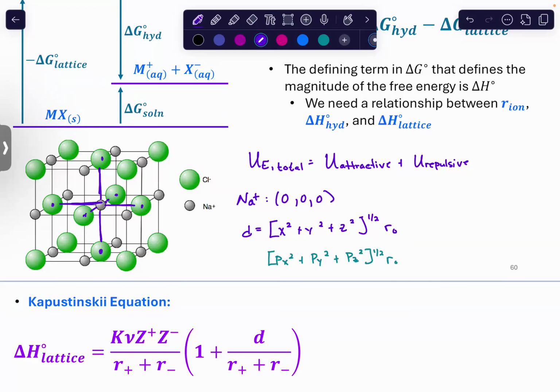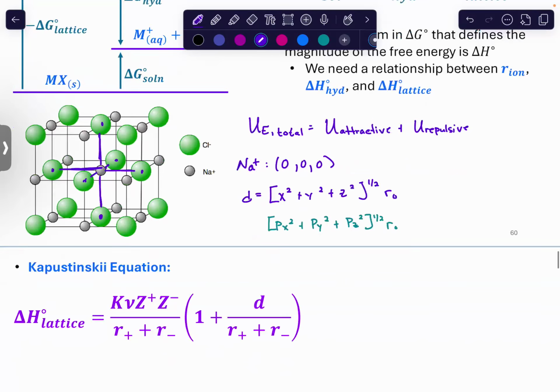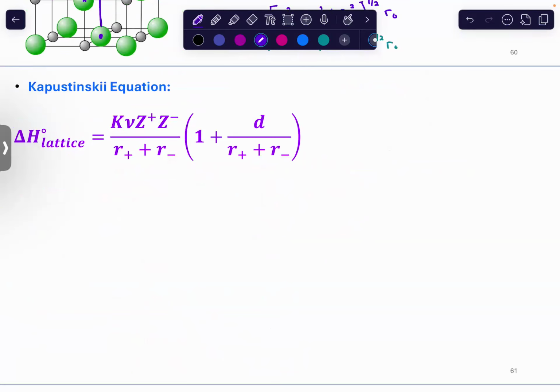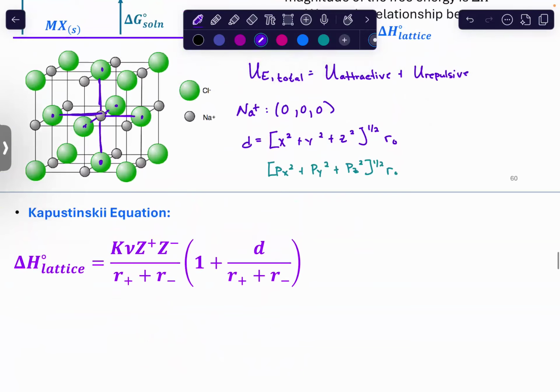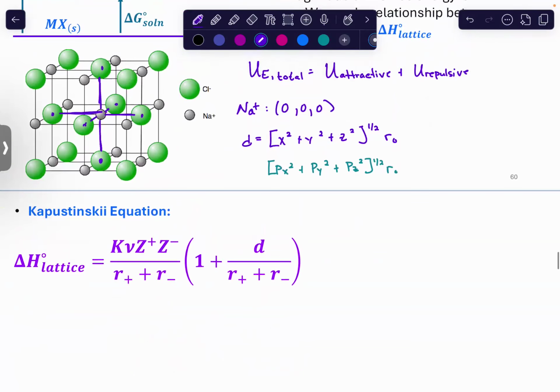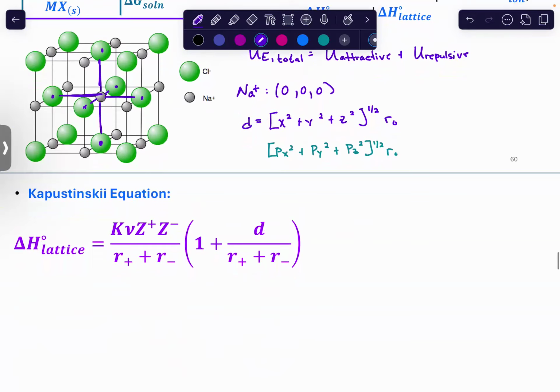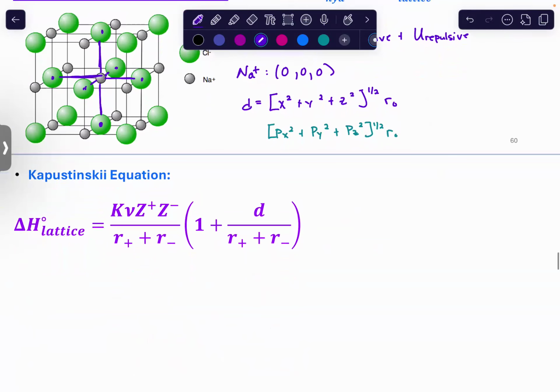Yeah, so that's your octahedral environment. Each one of those are going to be, I'll do this 3 times instead of 6, plus or minus 1, 0, 0, 0, plus or minus 1, 0.